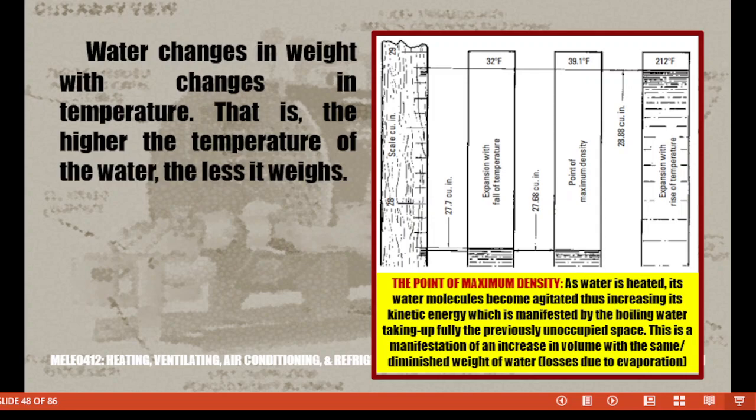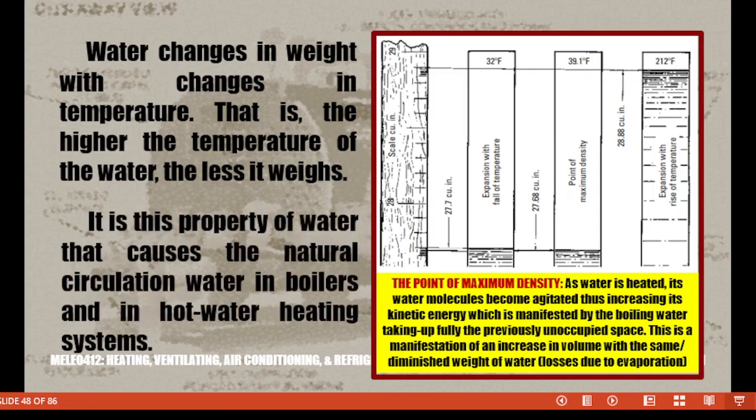So this expansive property of water is used in natural circulation or movement of water in boilers and in hot water systems. So basically, ang movement ng water natin inside such boilers or hot water systems is coming from the bottom before eventually mag-move siya upwards.